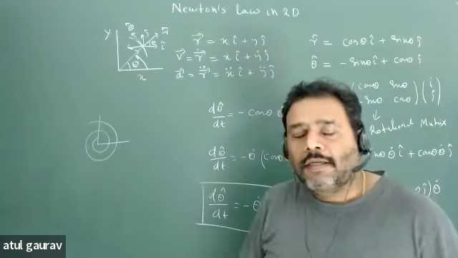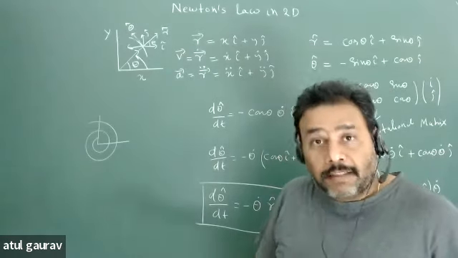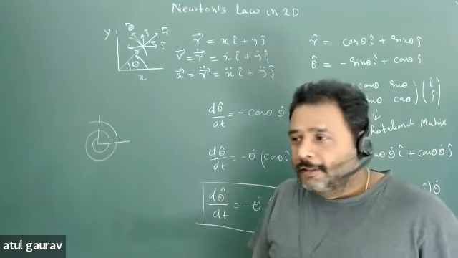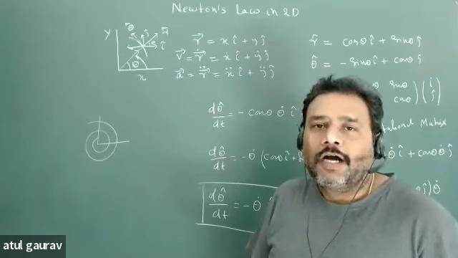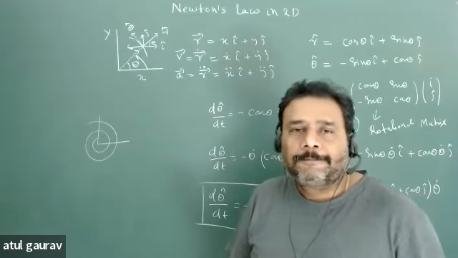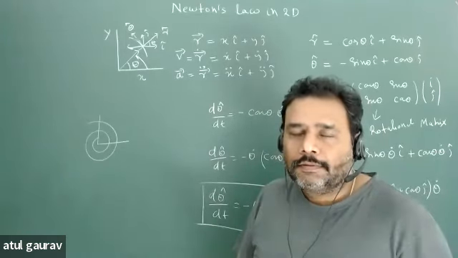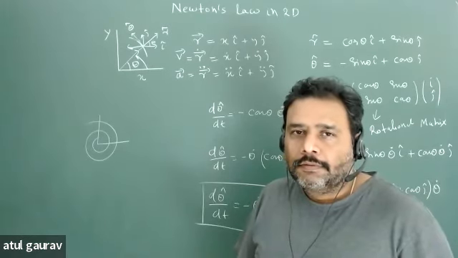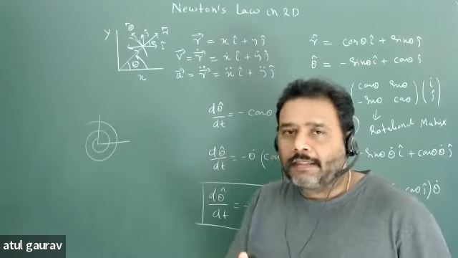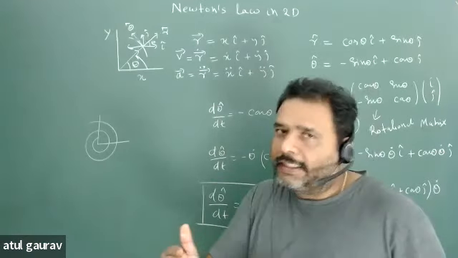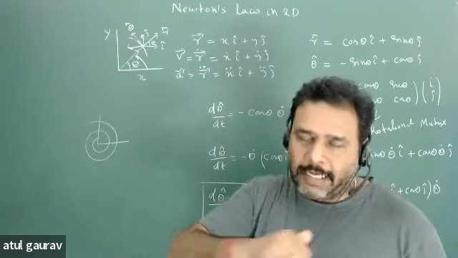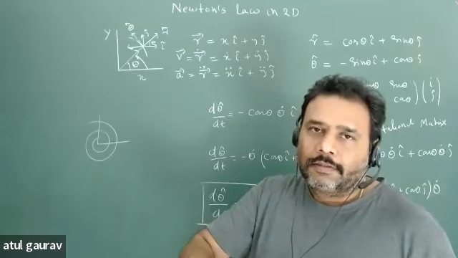What is that force? Centrifugal force. So what is the source of centrifugal force? How will you get centrifugal force? Due to rotation. Unless you have changing r cap, changing theta cap, you will not have centrifugal force.